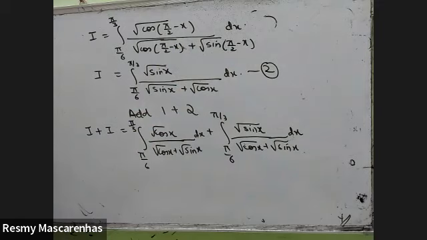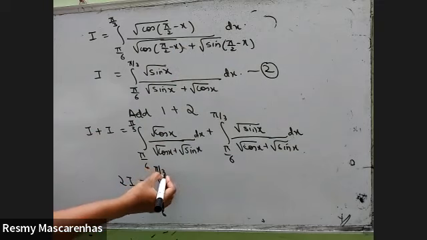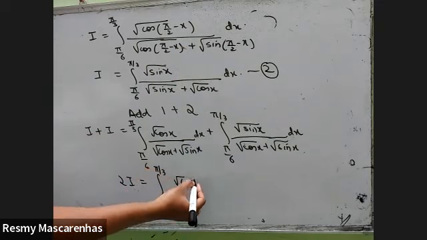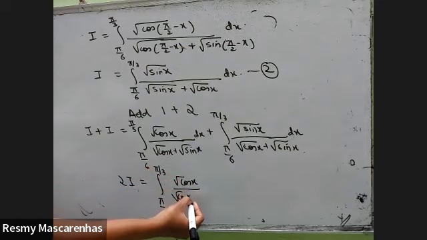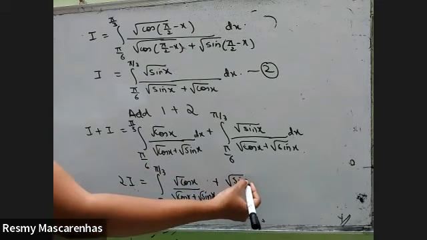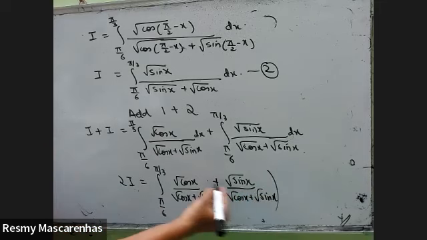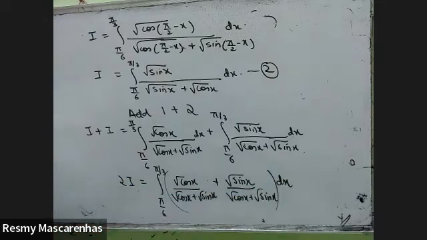Now the integral sign is common. Take out the common integral sign. Now make it common, and then it will get cancelled, and finally you'll get it as 1 only.